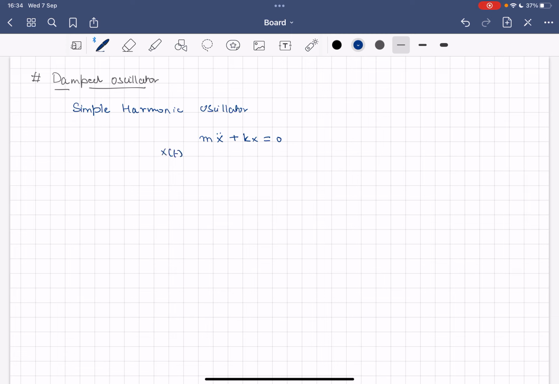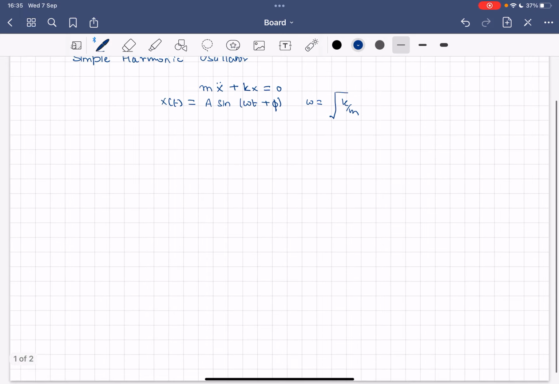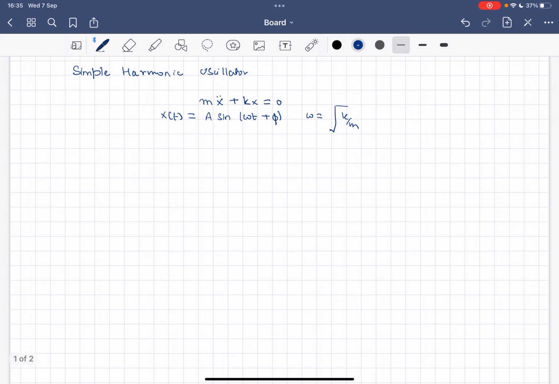The solution to such an equation is given as A sine of omega t plus phi, where omega equals the square root of k by m. This is the solution of the simple harmonic oscillator.